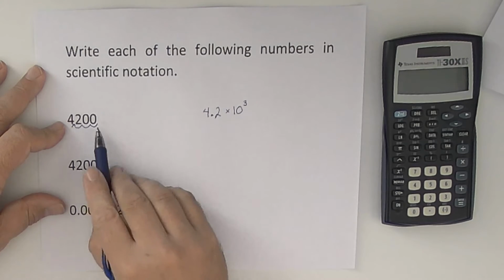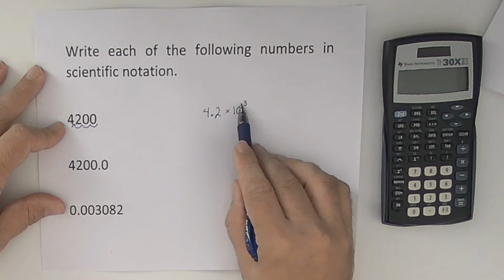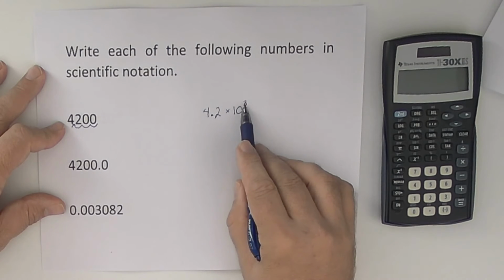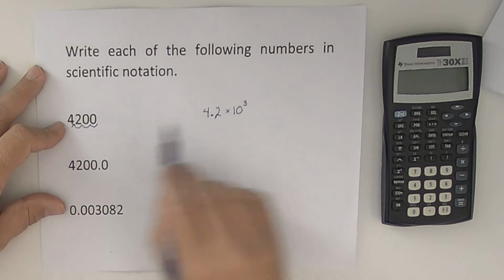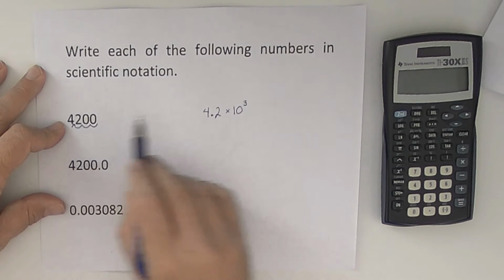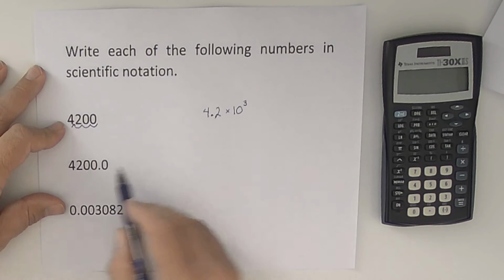And when we move it 3 spots to the left, it's 10 to the 3. The way I pay attention to signs of positive or negative exponents is a positive exponent is greater than 1 and a negative exponent is less than 1. But 4,200 written in scientific notation would be 4.2 times 10 to the 3.